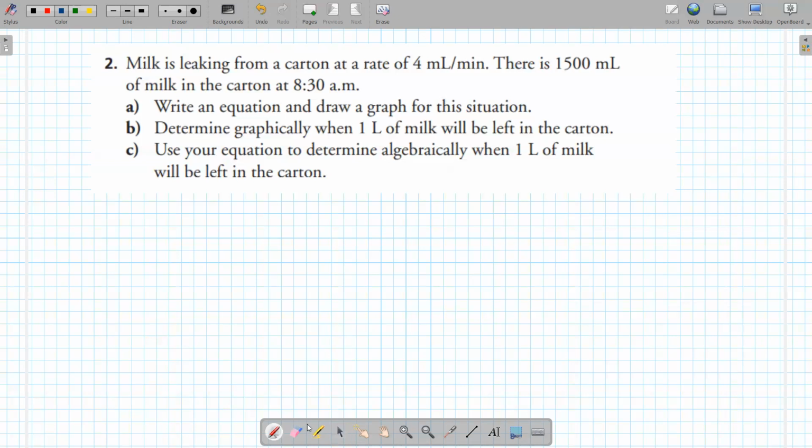So what's our y and what's our x in this case? The question was, what's our x and what's our y?